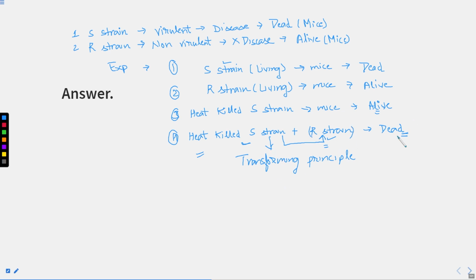When later on he isolated the bacteria from it, living virulent S strain bacteria was found. So this means that the R strain was transformed into the virulent S strain, and there was some transforming principle that was transferred from the S strain to the R strain. So this was Griffith's experiment.